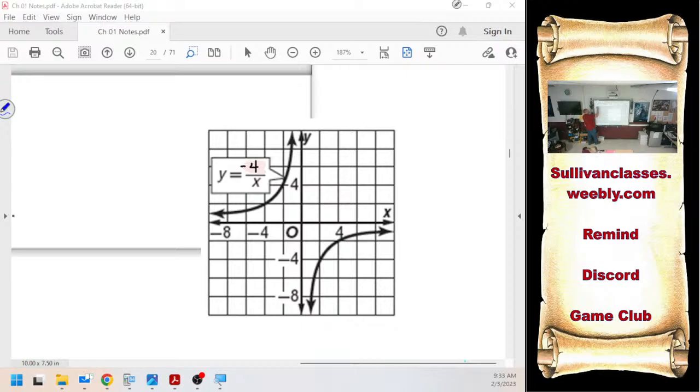They're gonna say, is f of x continuous at part A, -1? Part B, is it continuous at 4? Part C, is it continuous at 0?